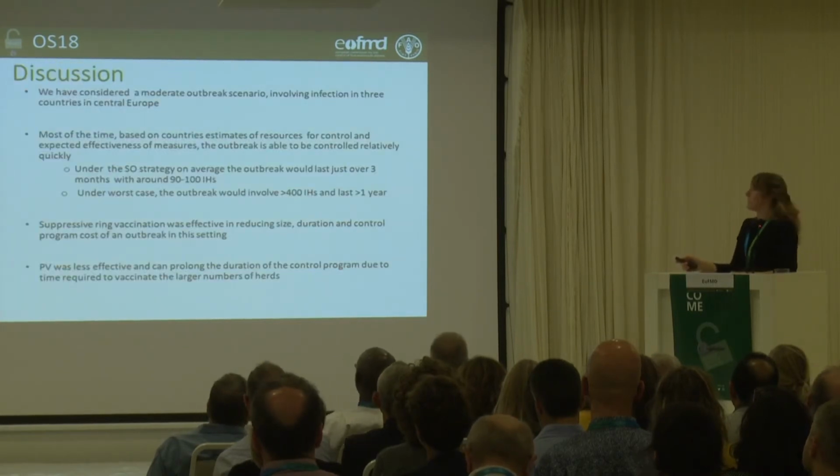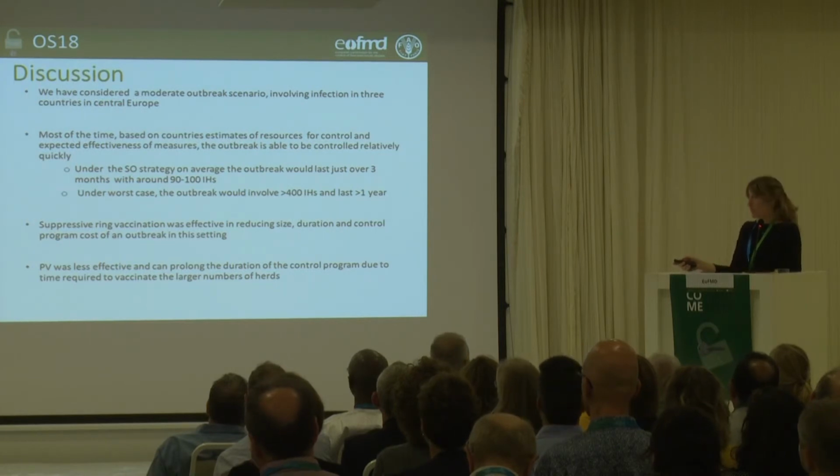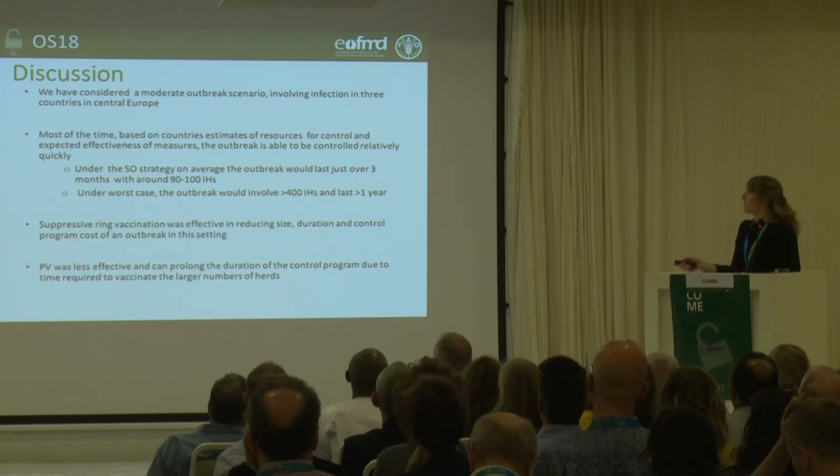To summarize the results of our study, we have considered a moderate outbreak scenario involving infection in 3 countries in Central Europe. Most of the time, based on the estimations of the resources for control that the countries have made and the expected effectiveness of the measures, the outbreak is able to be controlled quite quickly.